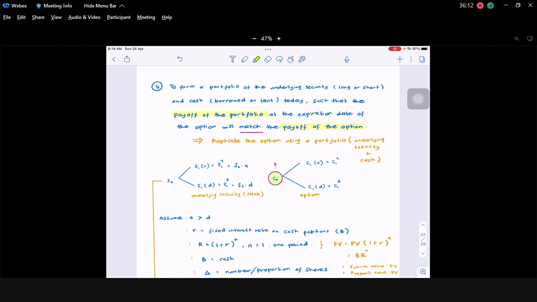So that's the idea of replication. We're looking for call option or put option based on the following information.